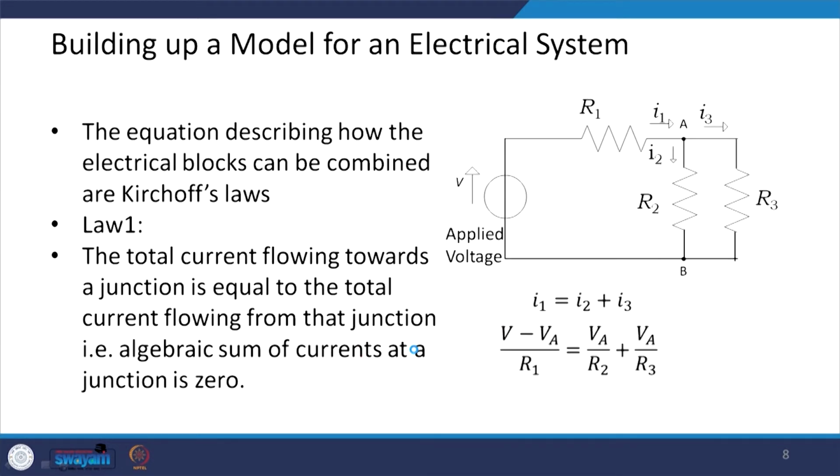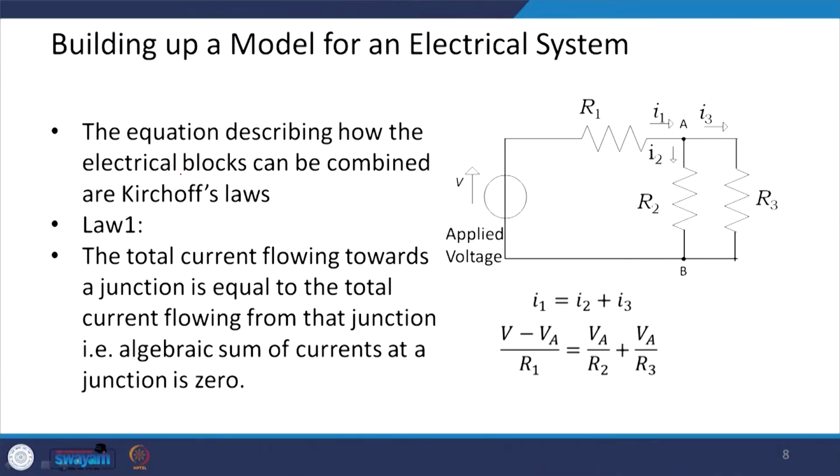Now, building up a model for an electrical system. After defining these three basic elements, we can build up a model for an electrical system using Kirchhoff's current law and Kirchhoff's voltage law. I talked about these two Kirchhoff laws in my very introductory lecture in the first week.